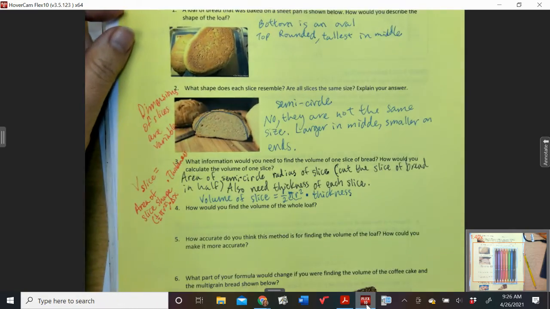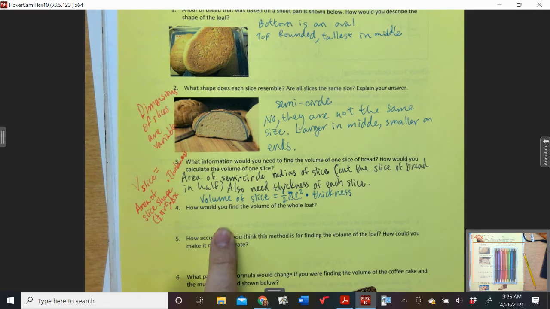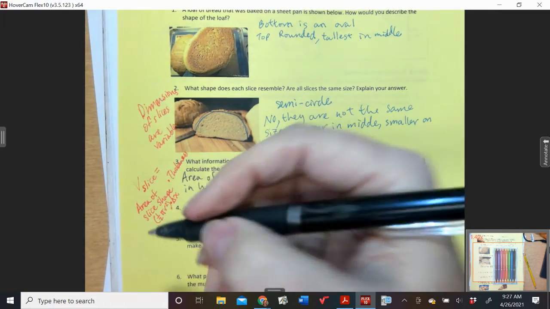So how would you find the volume of the entire loaf of bread? Well, I'm going to add up all the slices.